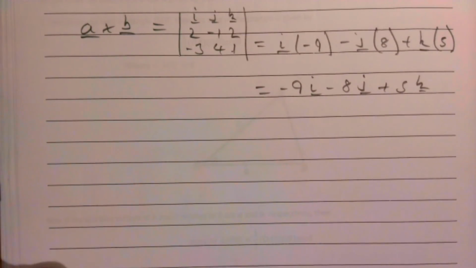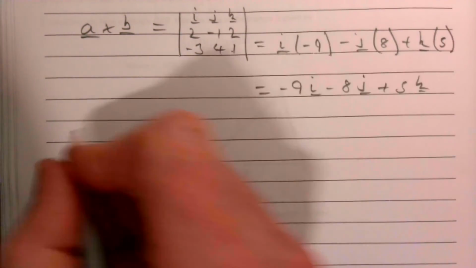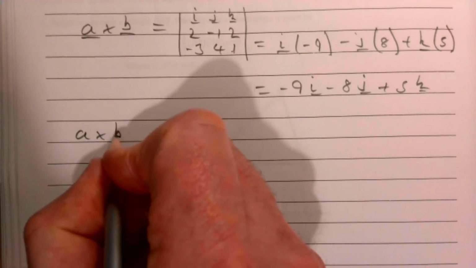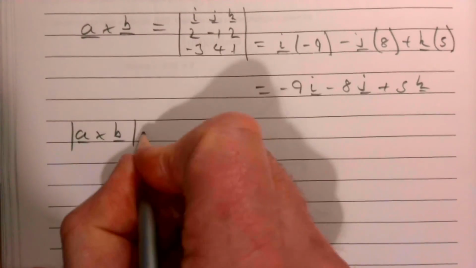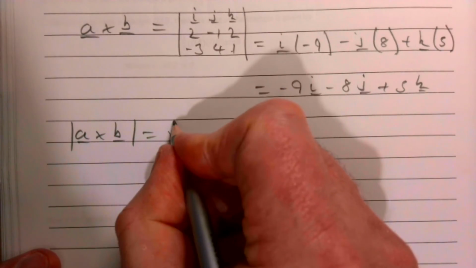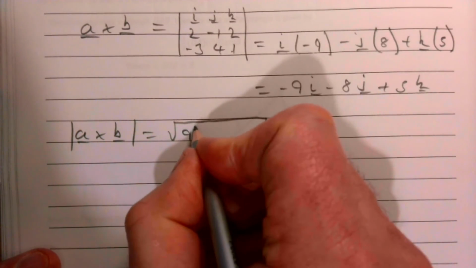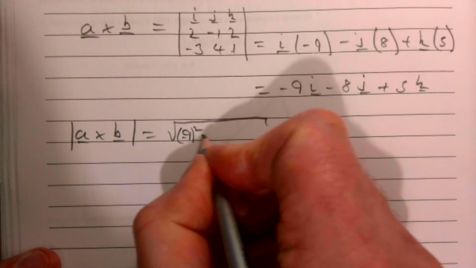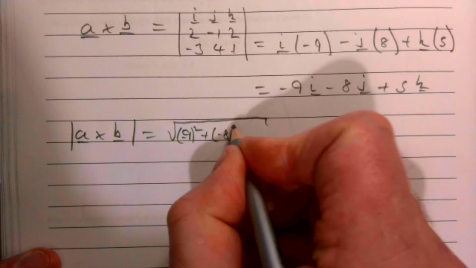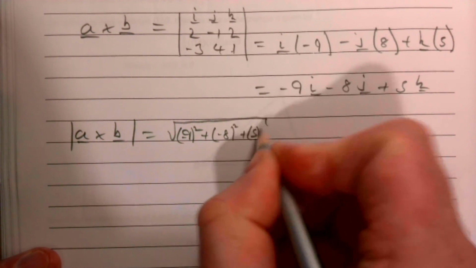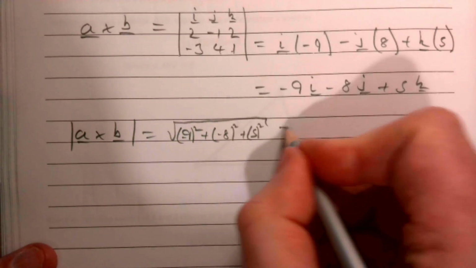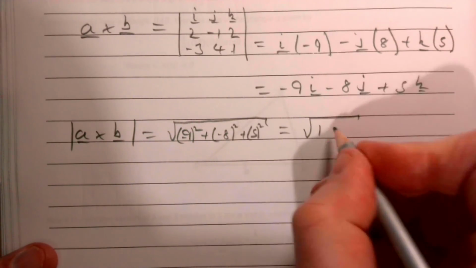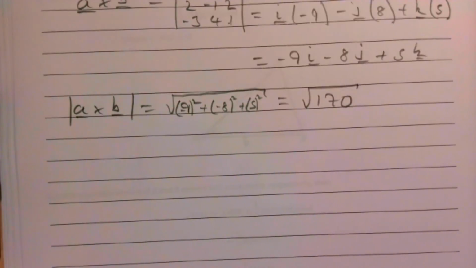So how we're going to use this, we now have this vector here, so we're going to find the modulus of that one. So our modulus of A cross B is going to be minus 9 squared plus minus 8 squared plus 5 squared. If you work that out, you get the square root of 170.